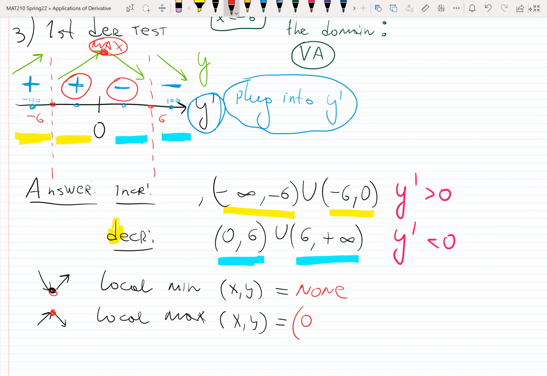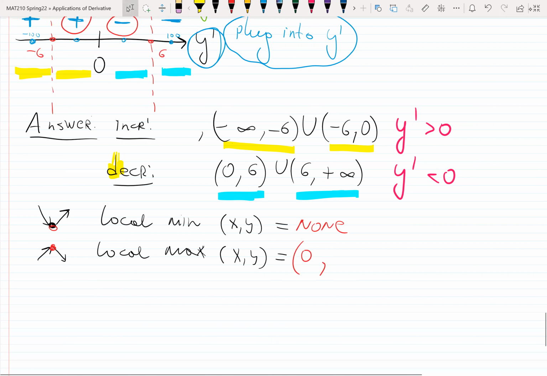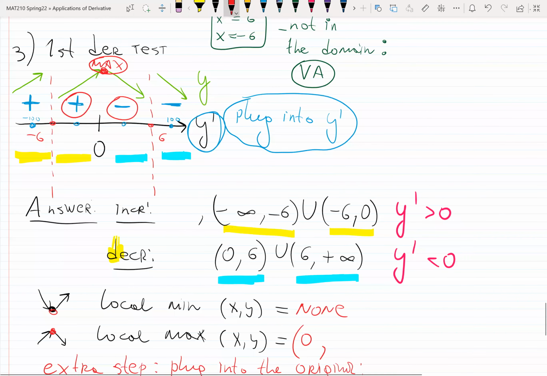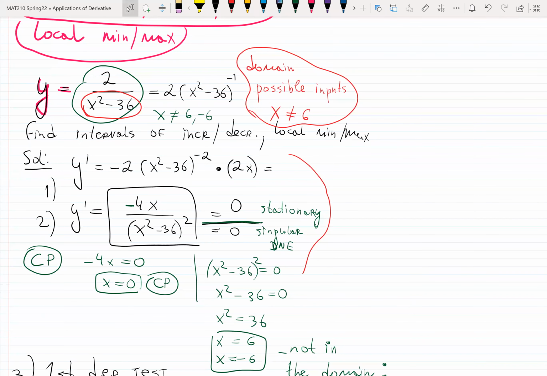But how to find the output? An extra step is needed. At the very end, the extra step for these problems is always the same: plug what you found into the original function. So I'm going back to the original function, which was 2 over x squared minus 36.